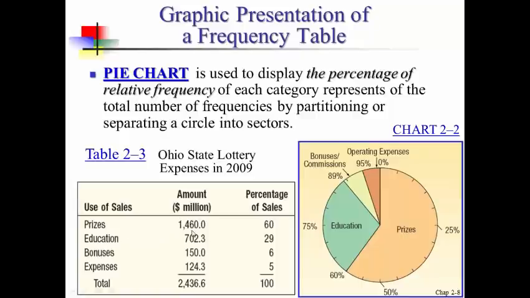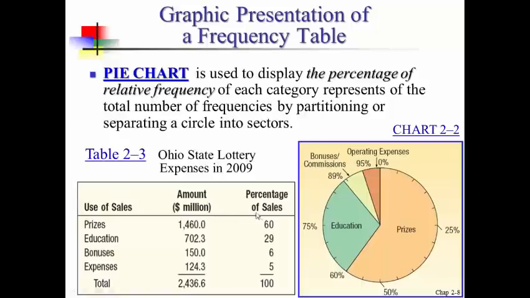Prizes, they spend almost 1,500 million. Education and training is about 700 million. Bonuses is about 150 million. The other expense is about 124 million. Based on these two columns, we can call it a frequency table.